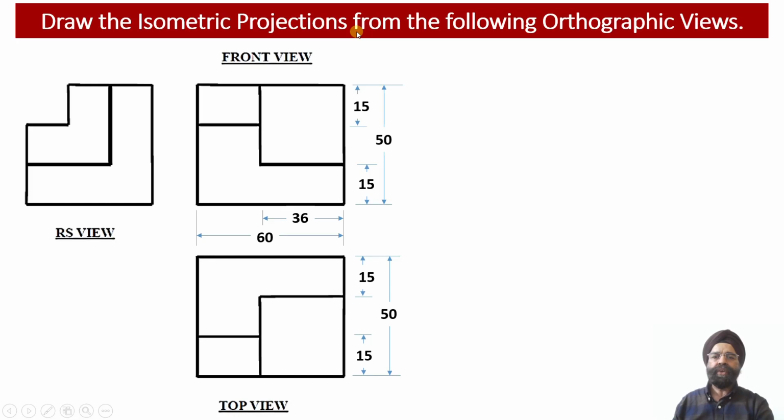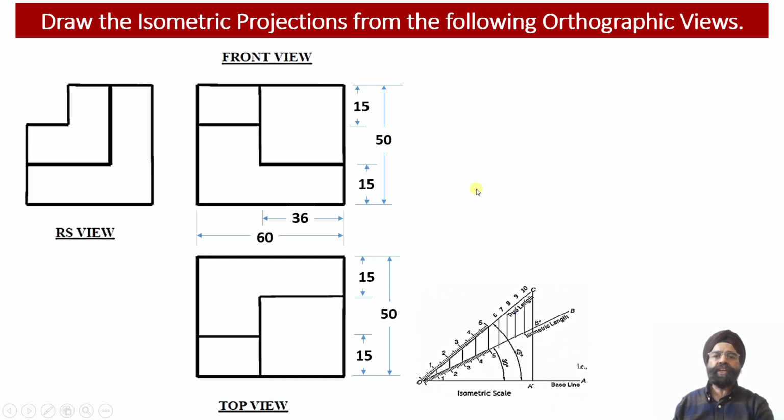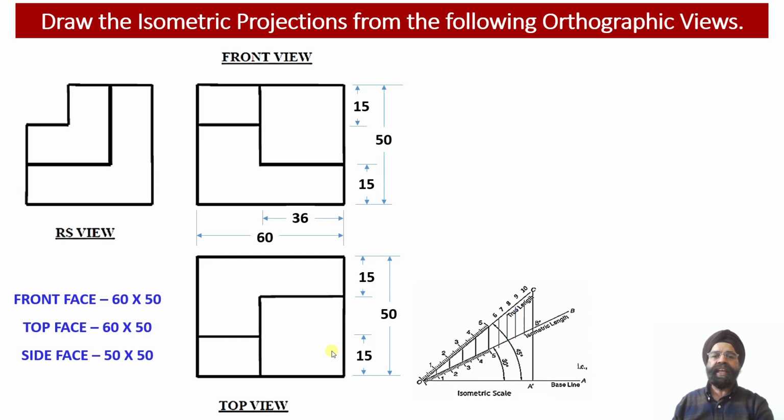So with the information provided to us, we need to evaluate the isometric projection into the 3D construction in which the front face, the right hand side view face and the top view face corresponding to this engineering object need to be clubbed into a single 3D isometric projection.